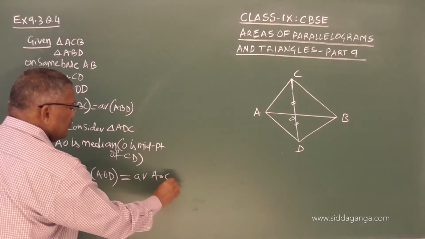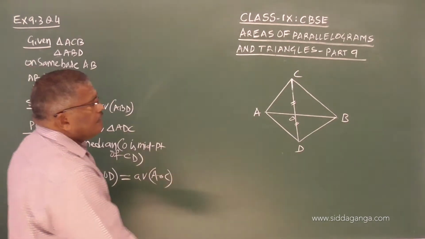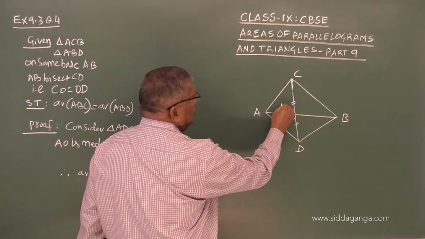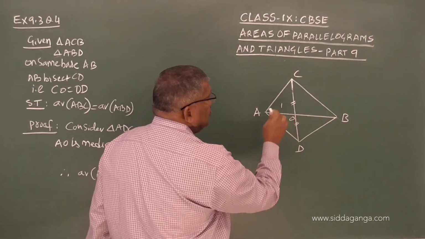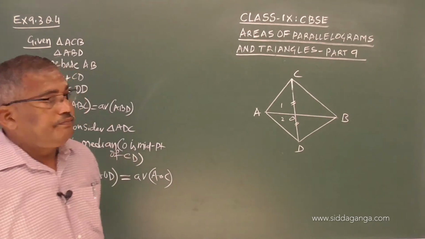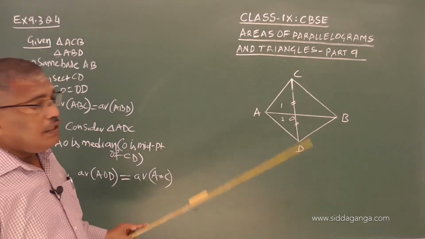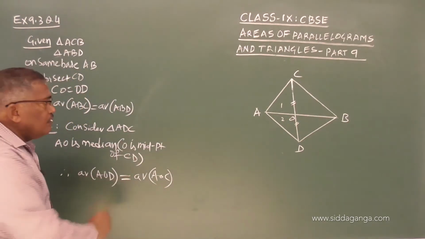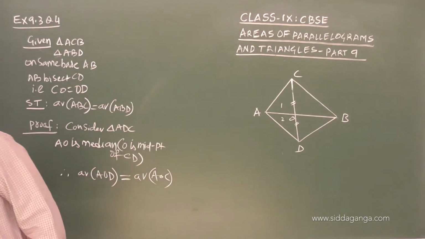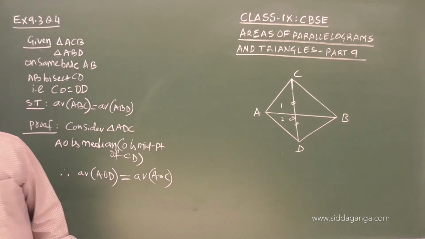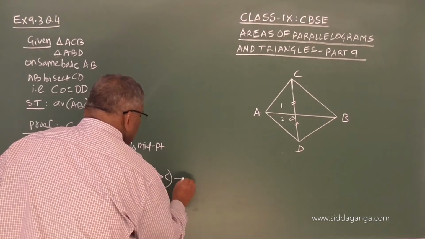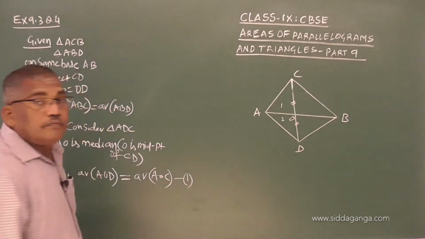If I call this as 1, this as 2, these two are equal. These two triangles are equal as per this finding. I will call this equation 1.